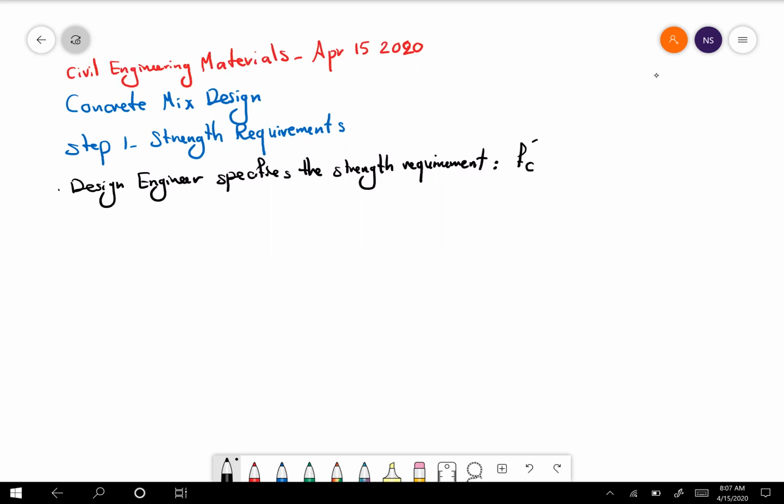Now we need to know that concrete strength is variable.